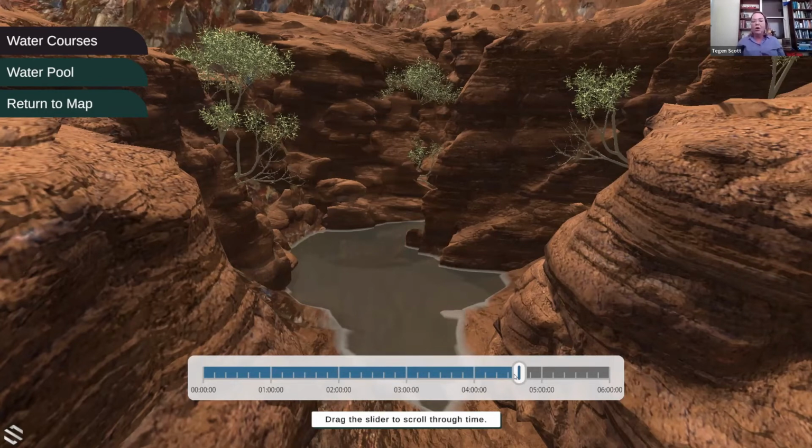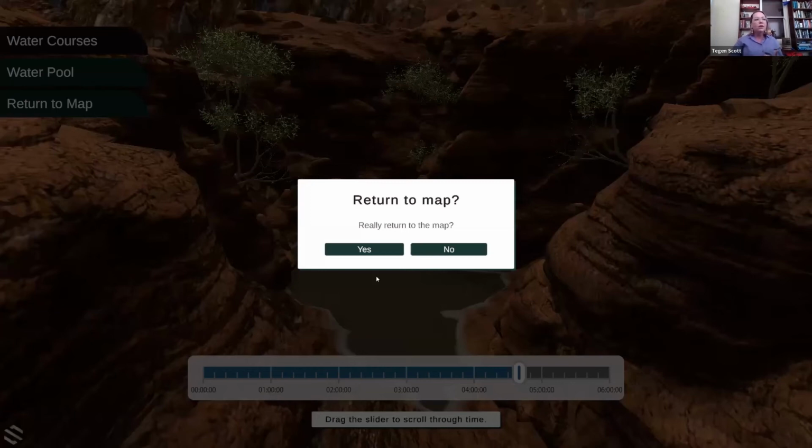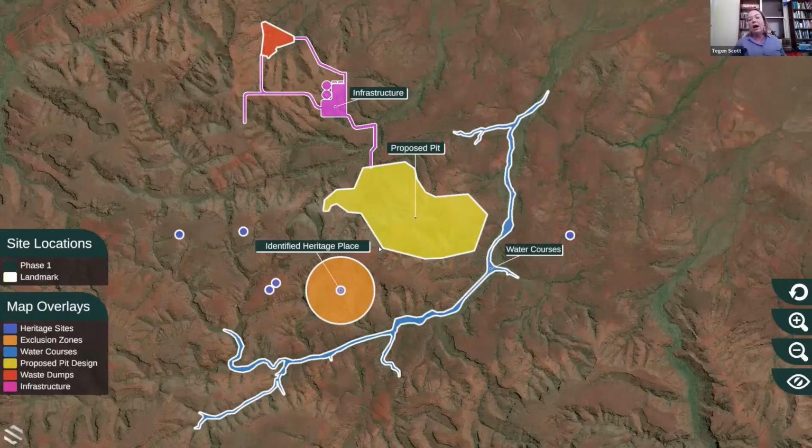Well-informed no's are just as valuable as informed yeses in resource development. And the earlier that this information is brought to traditional owners, the earlier people can plan to avoid areas or to have difficult discussions and come up with co-design solutions.